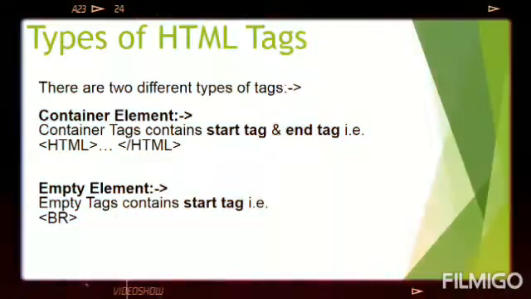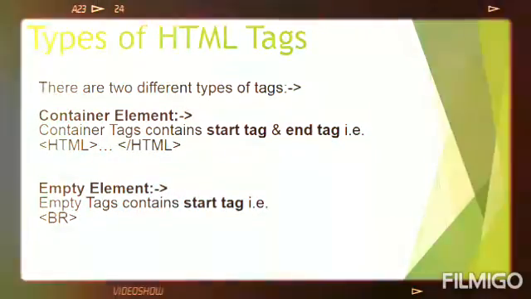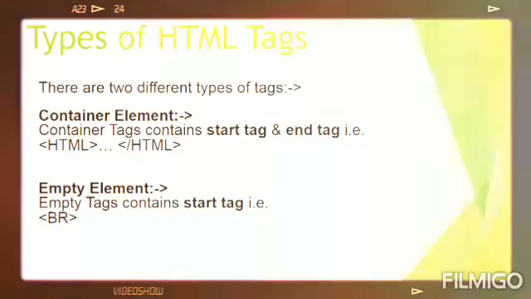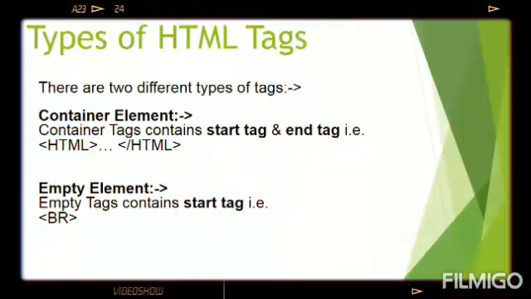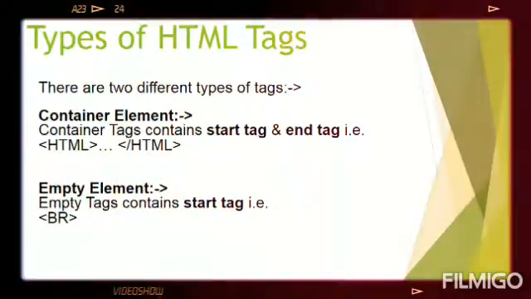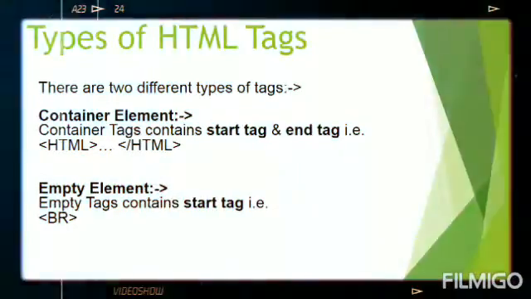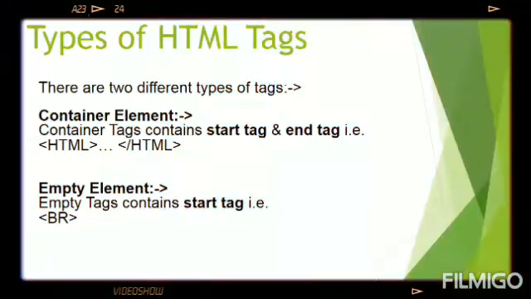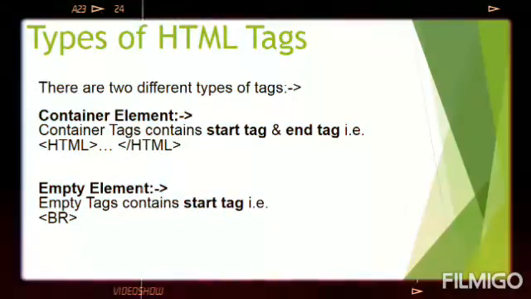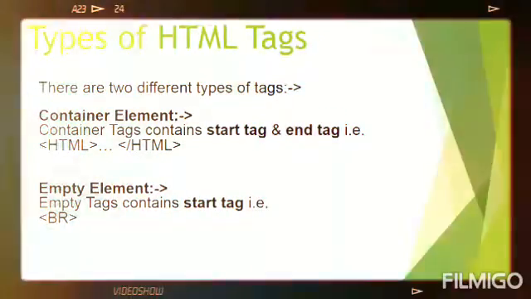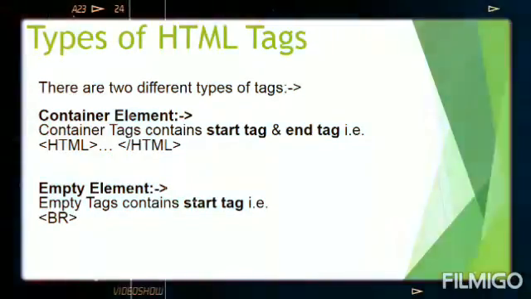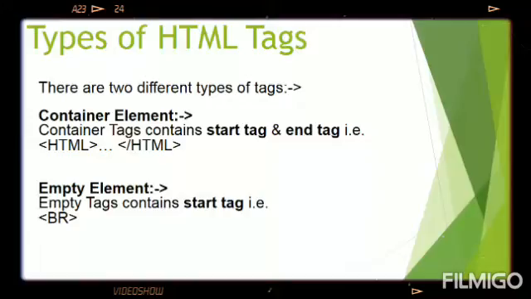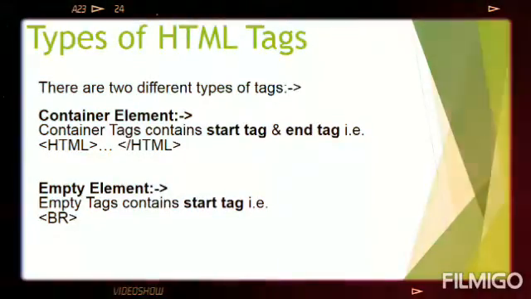The first one is the container element and the second one is the empty element. In container elements we have two tags. The first one is the starting tag and the second one is the ending tag. In the starting tag we don't have the slash, but in the ending or closing tag we have a slash, and inside these tags we have the content. So they are called container elements, which have two tags, starting and ending.